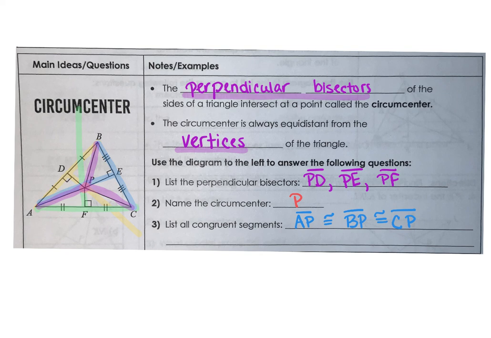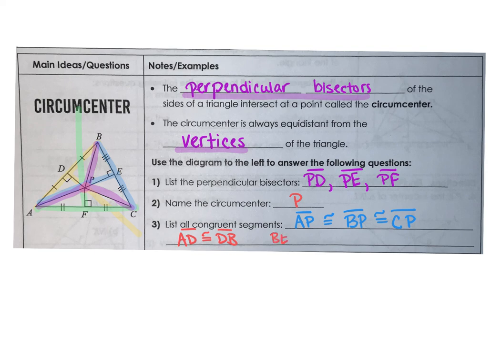So you'll notice then that since it is a perpendicular bisector, each side has some congruent segments. AB has congruent segments from A to D, and D to B is also congruent because it is the perpendicular bisector.